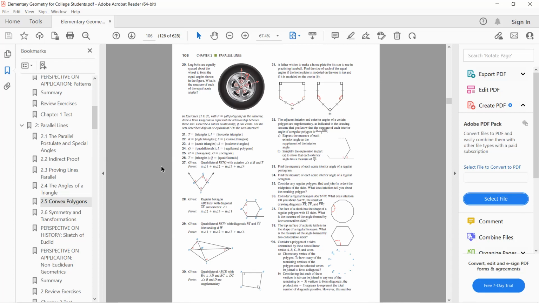So when it says describe the subset relationship, tell me whether there is one and which set is a subset of the other one. Does that make sense?